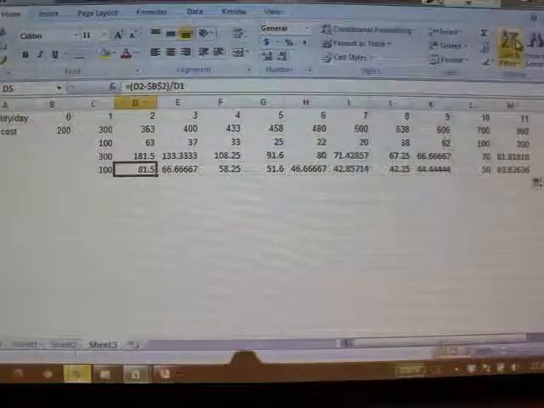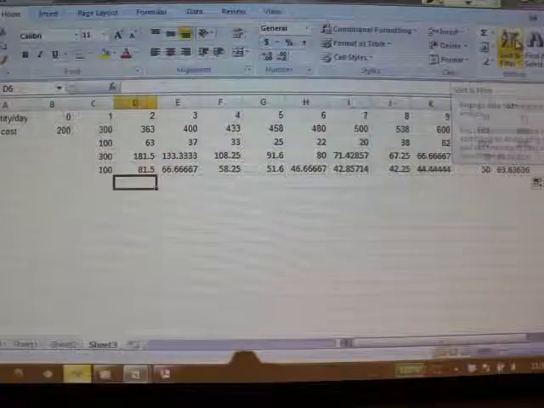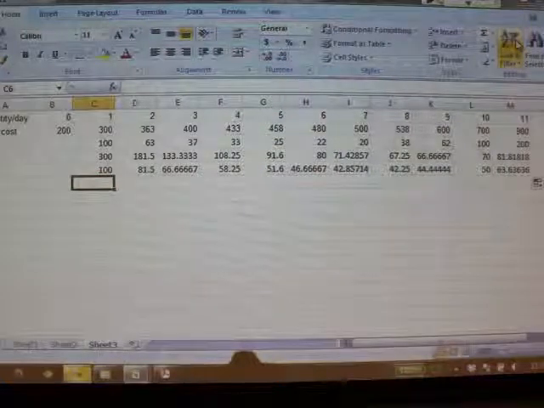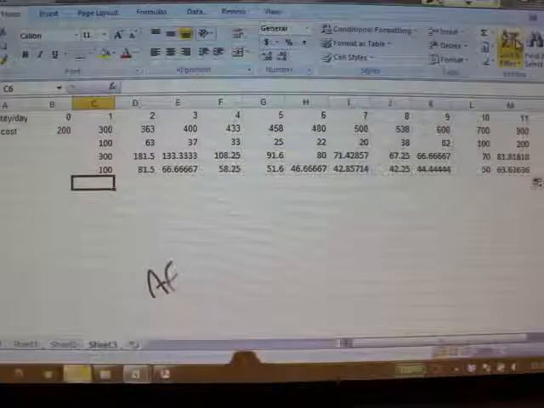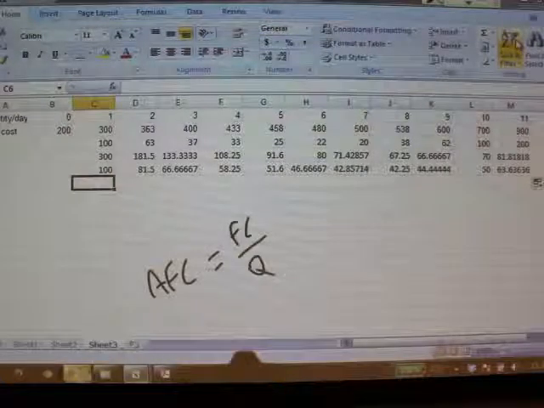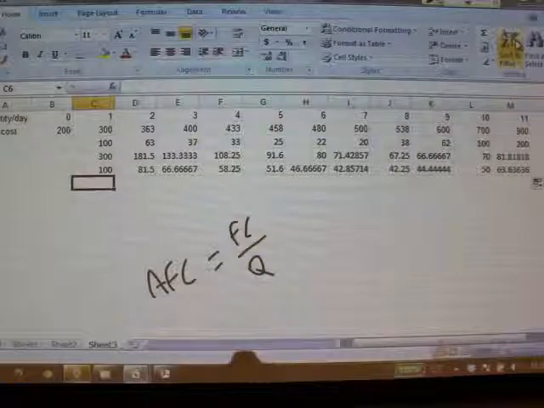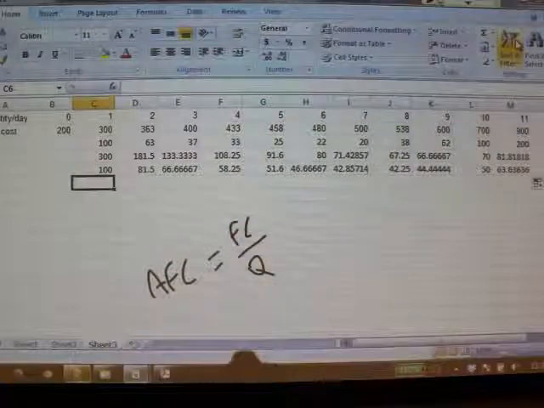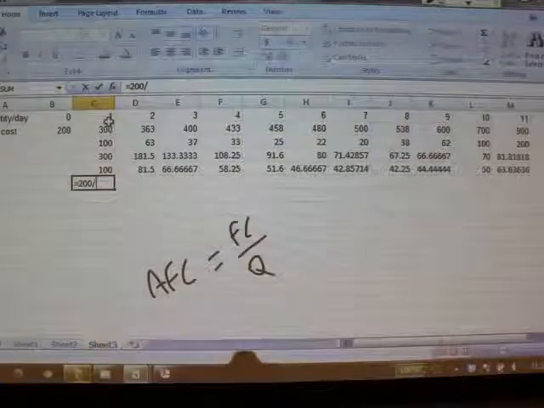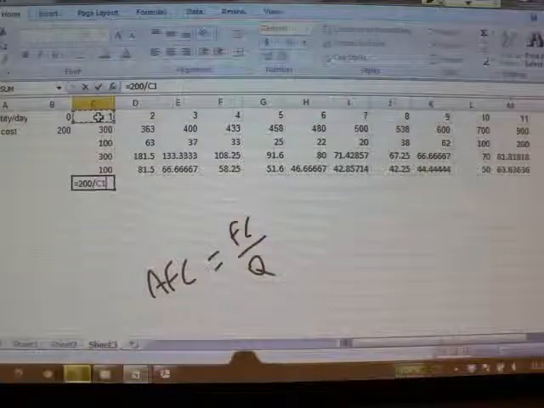The last thing that we'll do is calculate average fixed cost, and we'll make use of cell referencing again. So the formula for average fixed cost is fixed cost divided by Q. And so we know that fixed costs are 200, right? So we could just write equals 200 divided by the quantity, which is in cell C1.